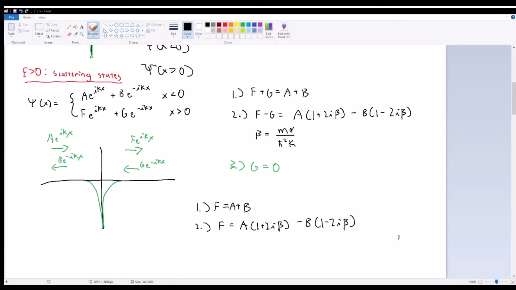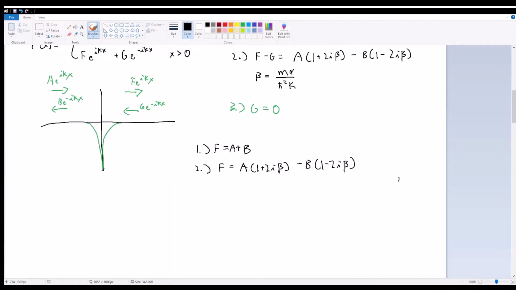Okay, so this next part is what I would consider the trickiest part of solving the scattering states. It's recognizing that we can decompose this into separate wave functions. We have our potential well that looks something like this. Physically, there's a particle moving forward with some velocity v.